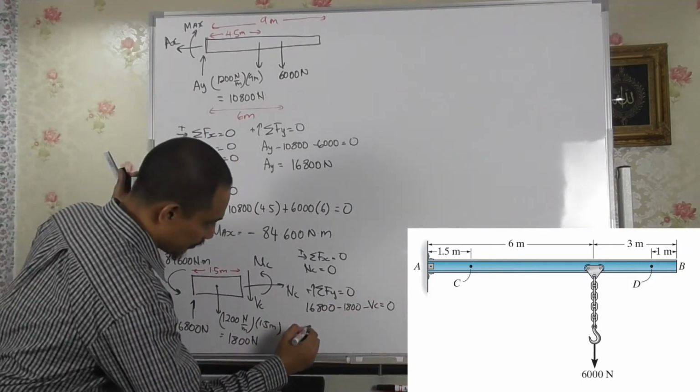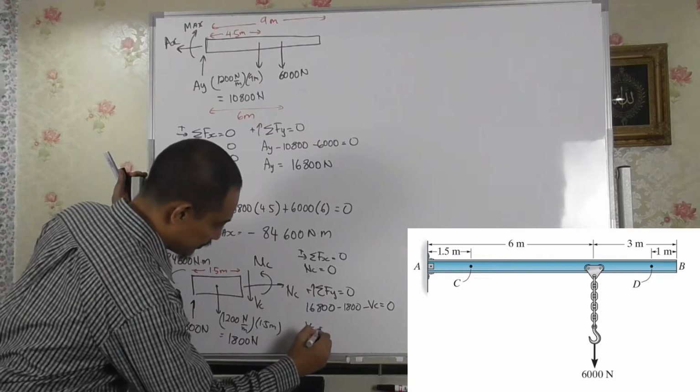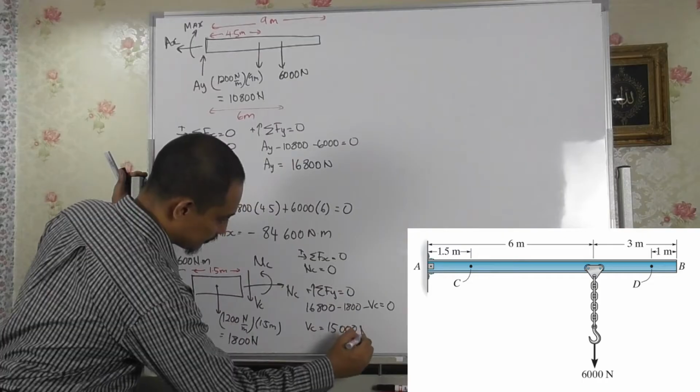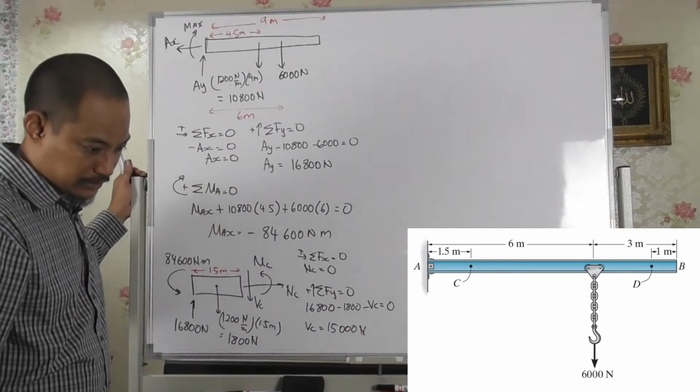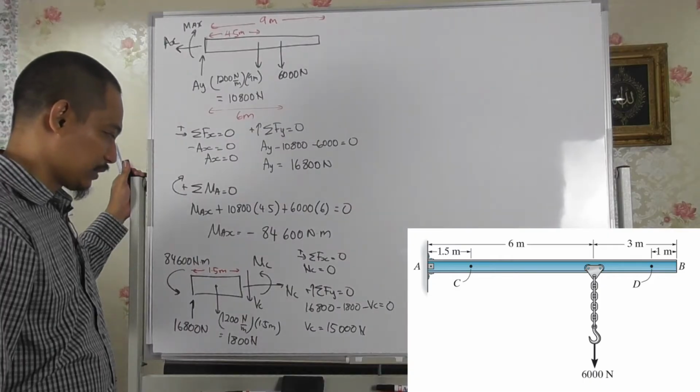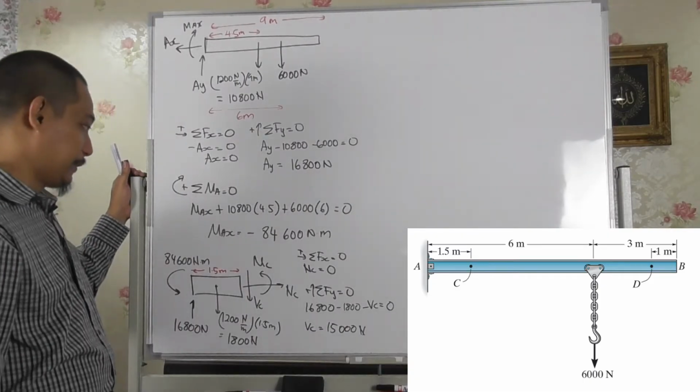So Vc will be 15,000 Newton, which should be the same as before. Vc is 15 kilonewton.